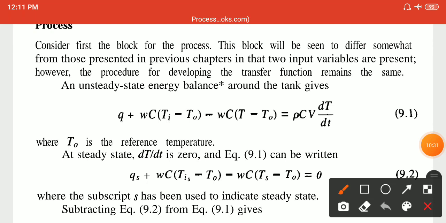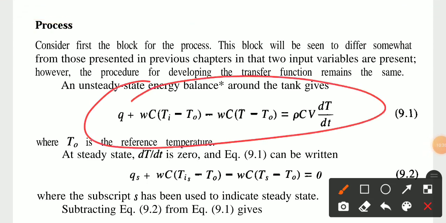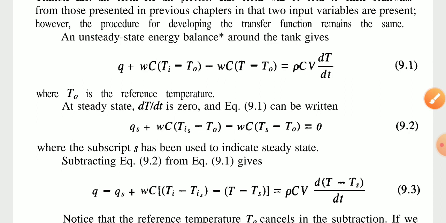Which one? For this, okay: Q plus WC(Ti minus T0) minus WC(T minus T0) is equal to rho CV dT/dt. These capital T and small t are two things that will come from the block diagram.